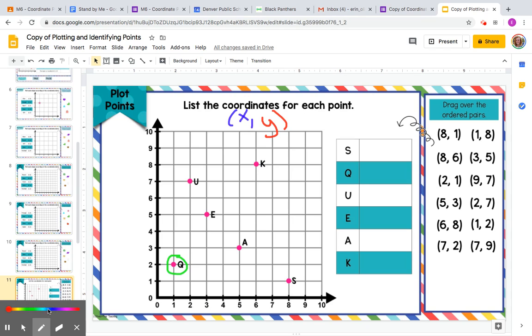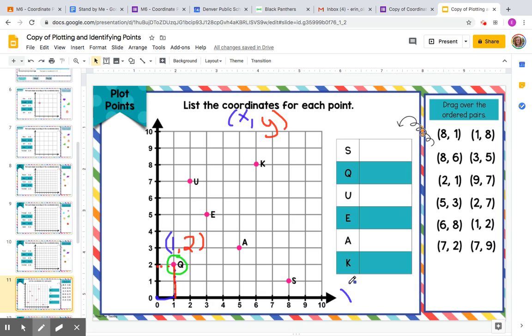So let's try it out. Q, start at my origin. Looks like I'm going to go over 1. Yep, I hit that point. And I'm going to go up 1, 2. And yeah, I hit 2. So Q is located at 1, comma 2, or x equals 1, y equals 2.